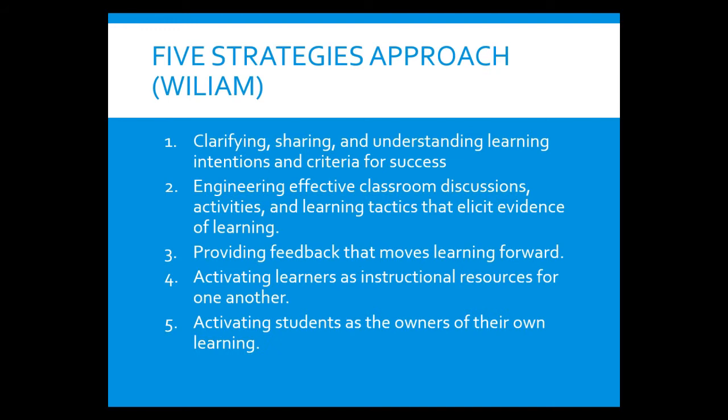After you've done that, you want to think about engineering effective classroom discussions, activities, and learning tactics. These can elicit evidence of learning, and if you think about evidence of learning very broadly, you can think of students learning to interact with each other in productive ways. Again, that's quite a bit different than students learning as represented on a formal classroom assessment, and different still from the learning that's represented on a high-stakes achievement test.